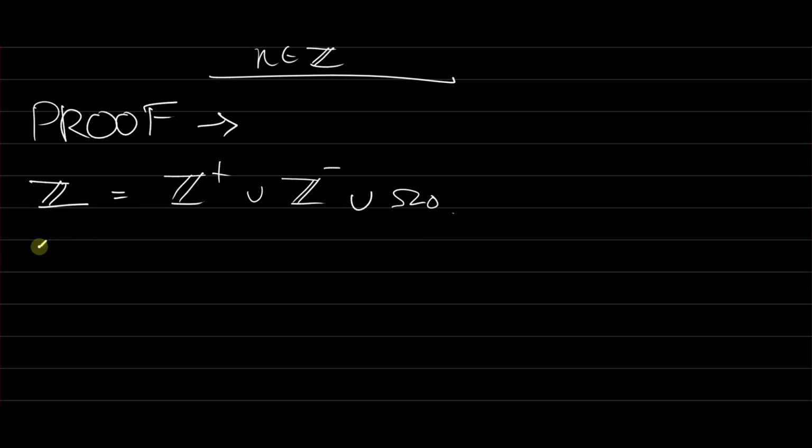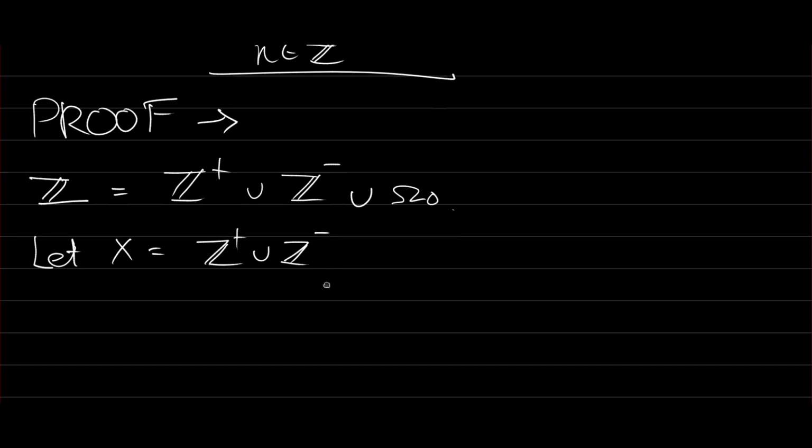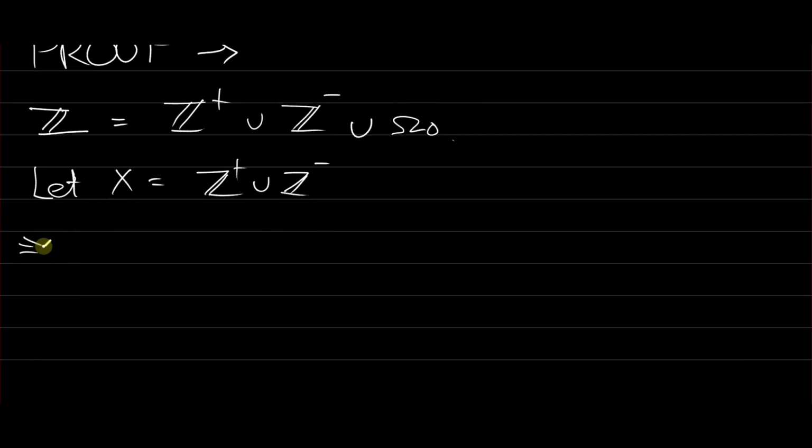Now let's suppose set X is equal to the union of Z plus and Z minus. So we get Z is equal to X union omega 0. Now remember, these two sets don't contain 0.